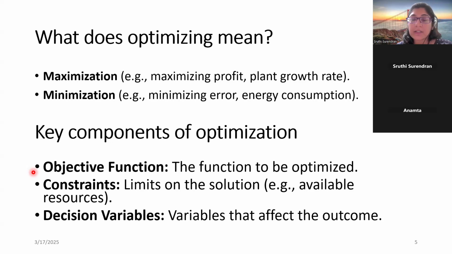The objective function is the function that requires to be optimized. Constraint is the limit on the solution, and decision variable is the variable that affects the outcome. Let us go through each one of them one by one.